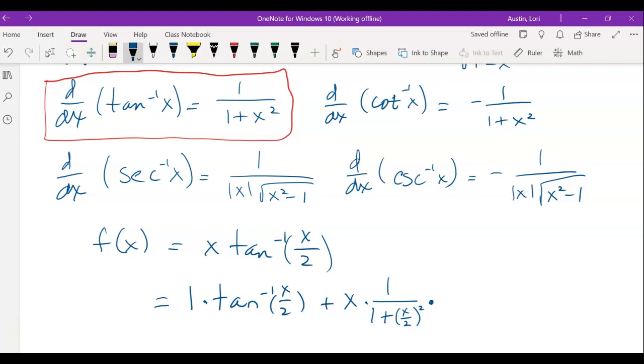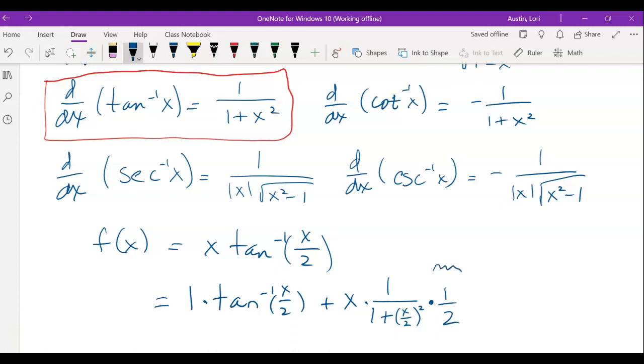Now I got to apply that chain rule, which says I need to multiply that by the derivative of 1/2 x. What's the derivative of x over 2? Yeah, just a half.